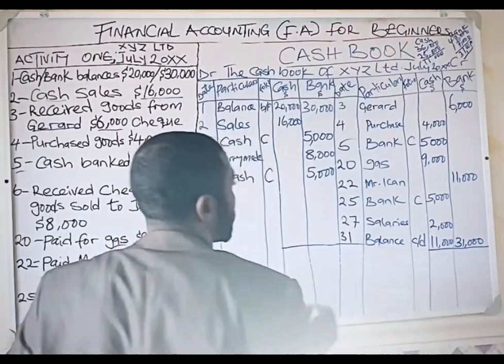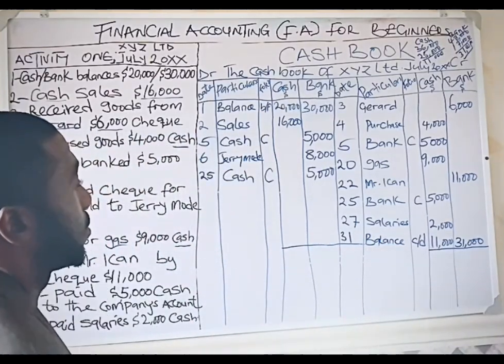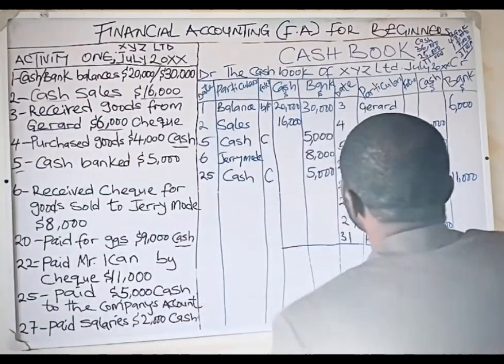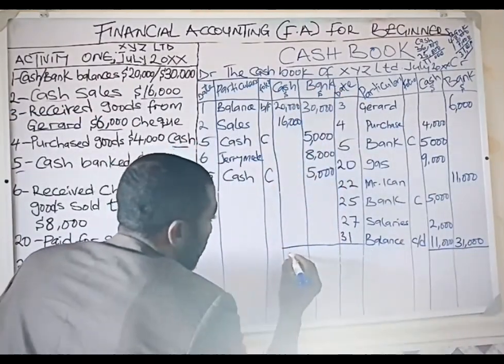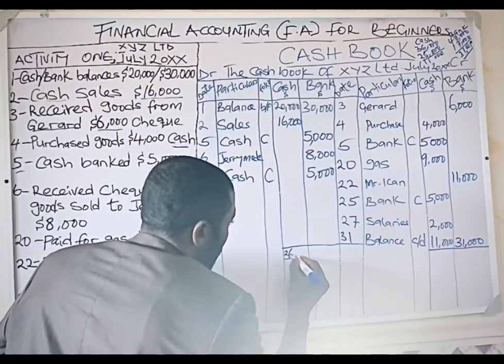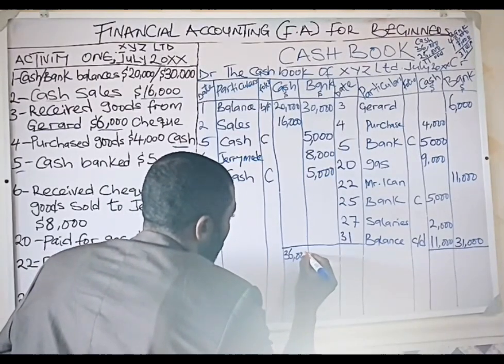Do like this. Now, this is 20,000, 16,000, 36,000, 6,000.